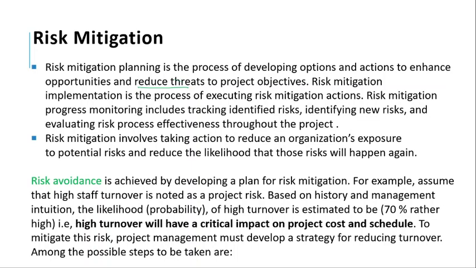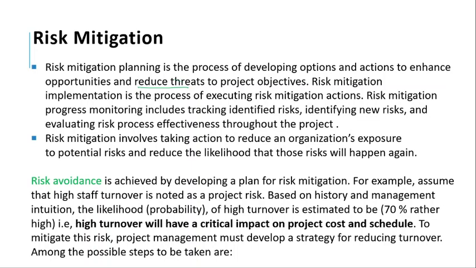Then, based on the history and the management institution, the likelihood, meaning the probability, of the high turnover is estimated to be 70%, rather high. That is, the high turnover will have a critical impact on the project cost and schedule, right?